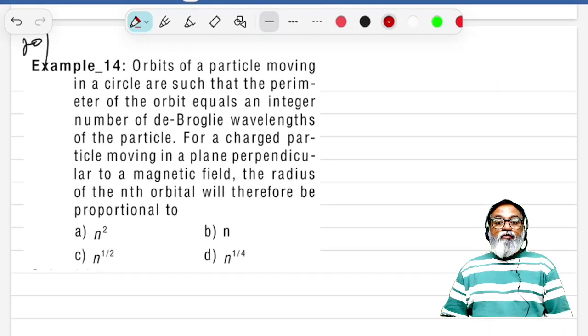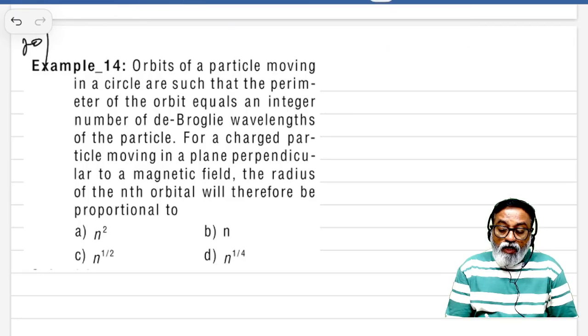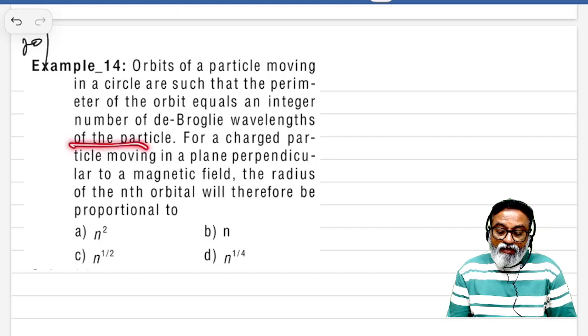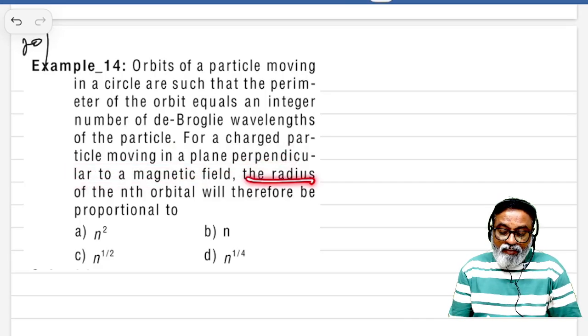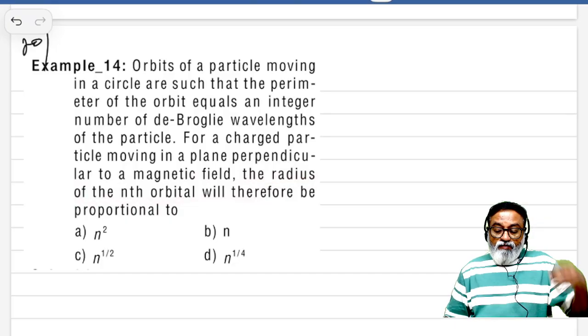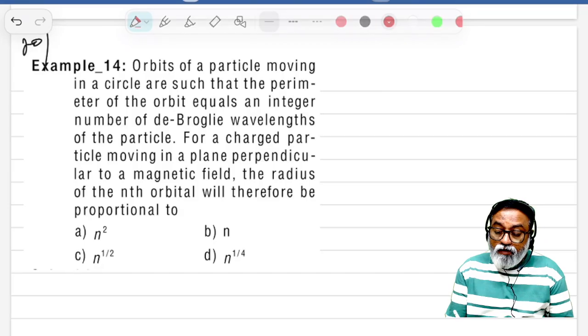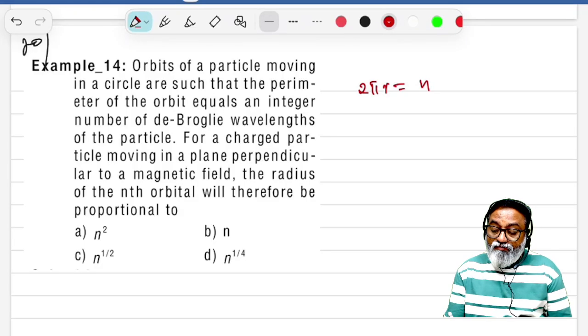Next, this is also a very important one. Orbits of a particle moving in a circle are such that the perimeter of the orbit is equal to an integral multiple of the de Broglie wavelength of the particle. For a charged particle moving in a plane perpendicular to a magnetic field, the radius of nth orbit will be proportional to what? Here, circumference 2 pi r is equal to an integral multiple of the de Broglie wavelength, n lambda.